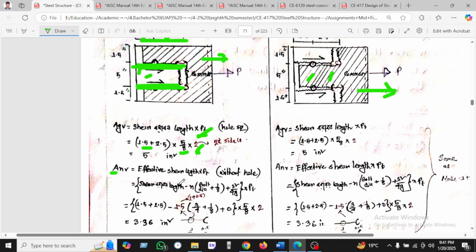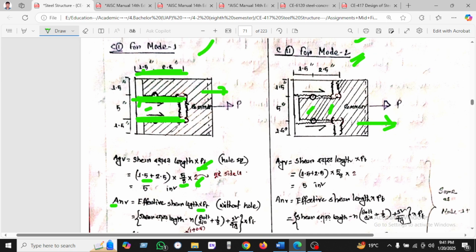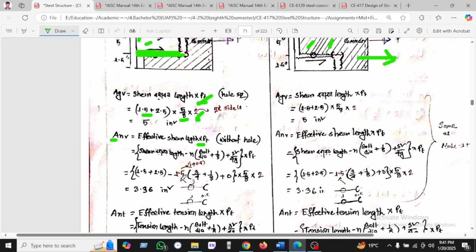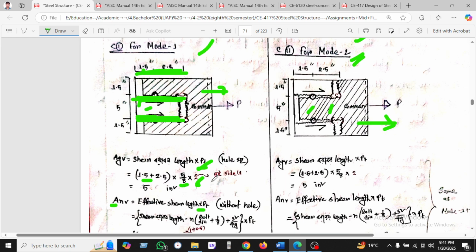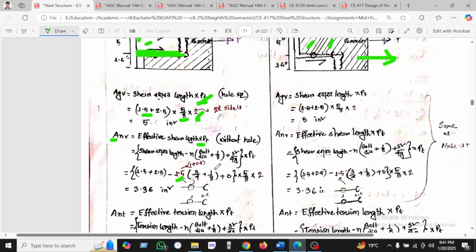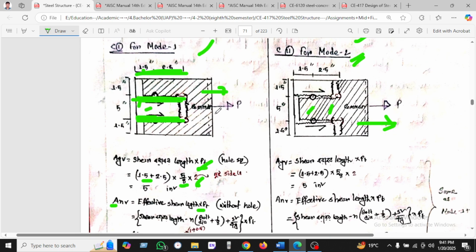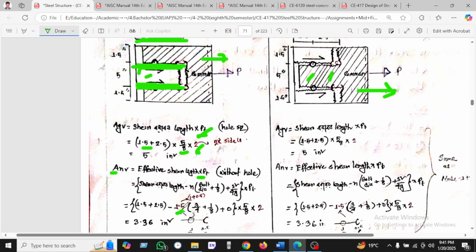Anv is the effective shear length times the plate thickness. What is the effective shear length? It is the length without holes, along the shear. So we have 1.5 plus 2.5, minus the hole portion: 1 plus 1.5. Why are we considering 1 plus 1.5, why not 2?